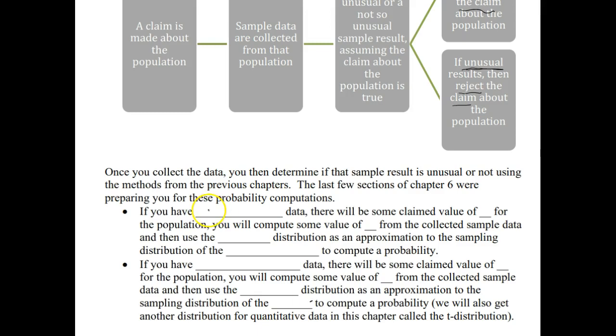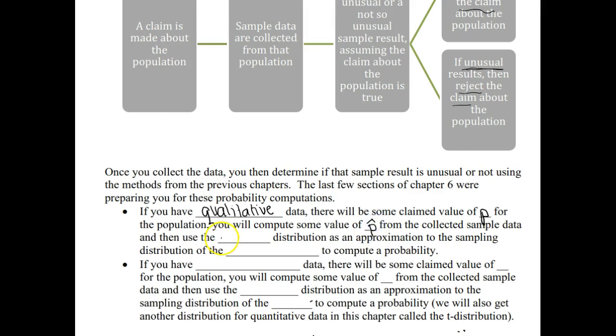Remember, all data is either qualitative or quantitative. If you have qualitative data, there will be some claimed value of p for the population. You'll gather some data and compute some value of p hat from the collected sample data.